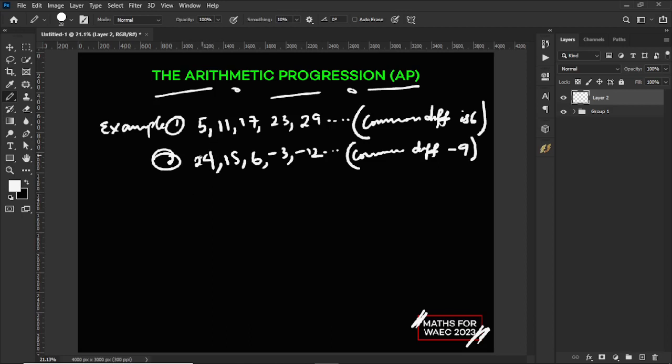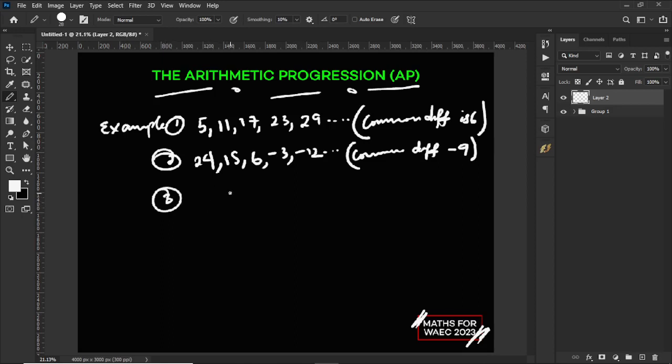If you take away 9 from 24, you are going to have 15. If you subtract 9 from 15, you are going to have 6. 6 minus 9, you have -3. Then -3 minus 9, you have -12.